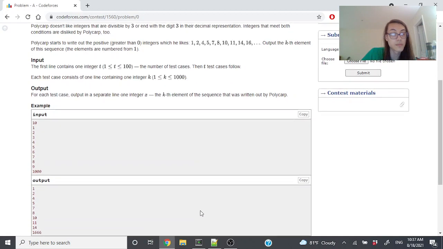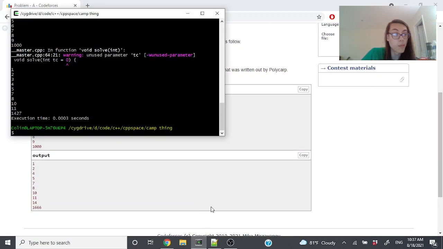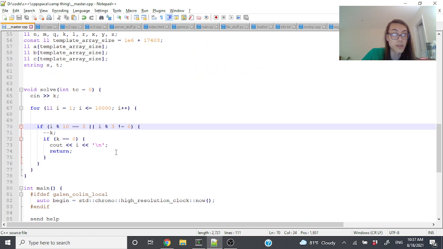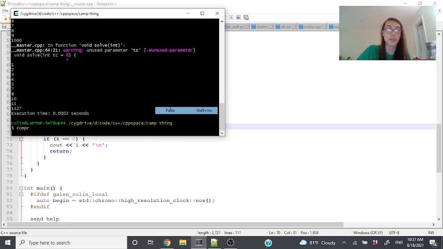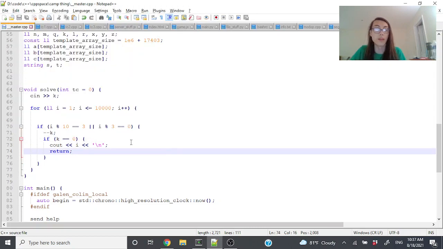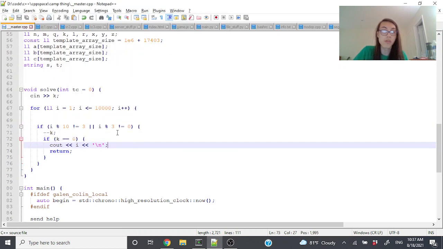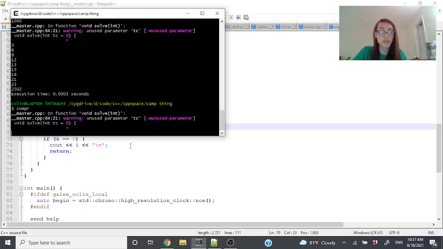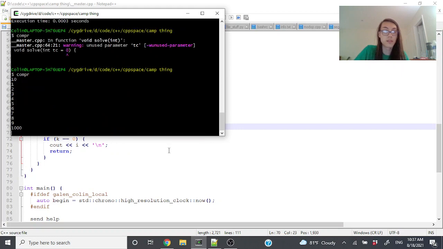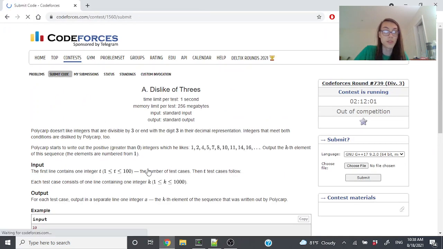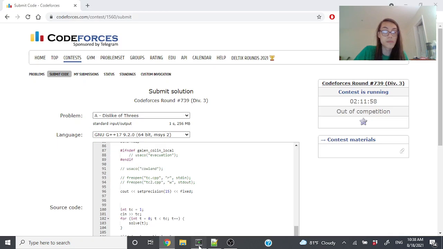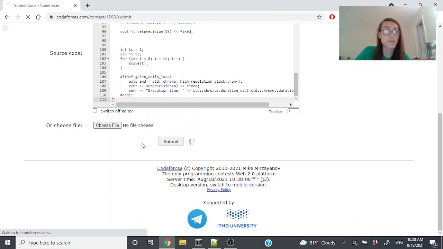What now? Why is there 3 here? Oh, wait. How did I get to not equal to 0 there? No, wait. This should be not equal to 3. And this should be and. Genuinely, what am I doing? Okay.